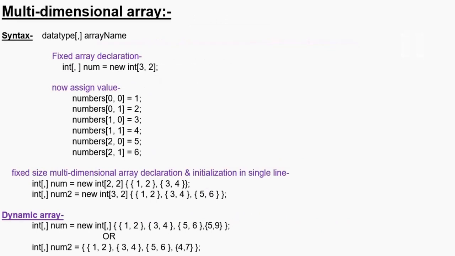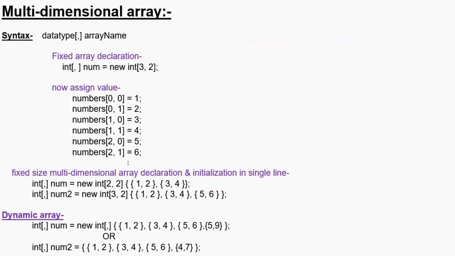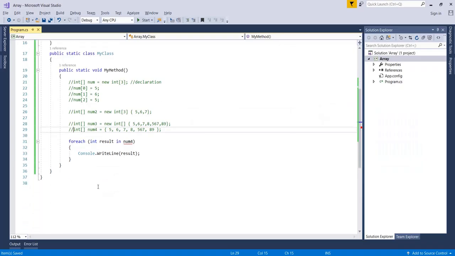Now we have the multi-dimensional array. What is a multi-dimensional array? What is the syntax? Data type and the array name. If you look at this, this is a single dimensional array. So what is a multi-dimensional array?